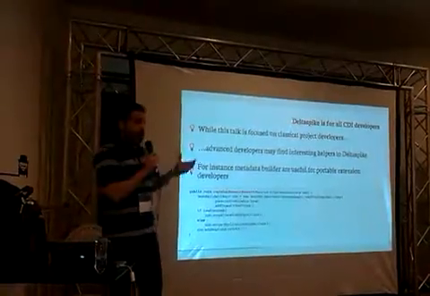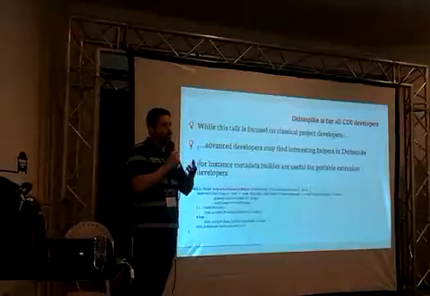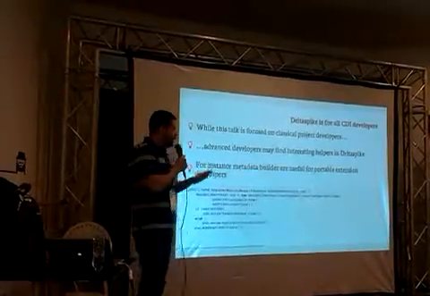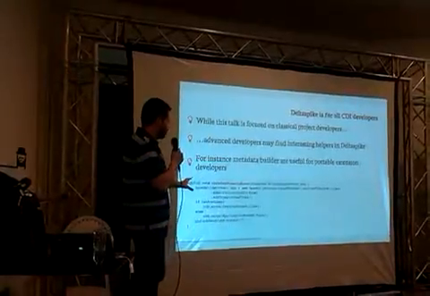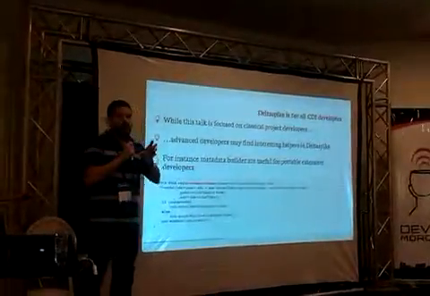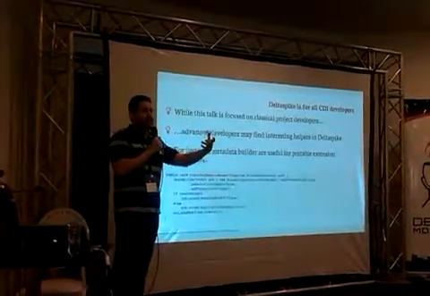Okay? Well, I told you that DeltaSpike helps you to build your own extensions. Let's see here an example of that. Suppose that you want to get a specific class and add a new scope to it.